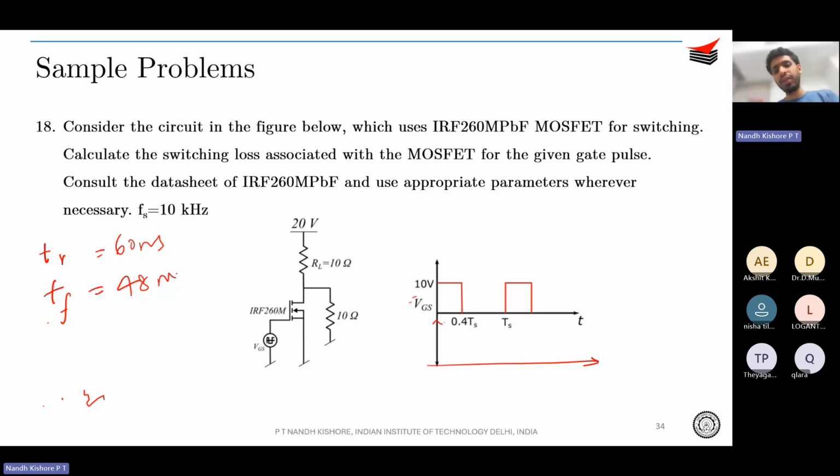You just need to find out what is the voltage that is being blocked by the MOSFET when it is on, and what is the current that's flowing through the MOSFET.